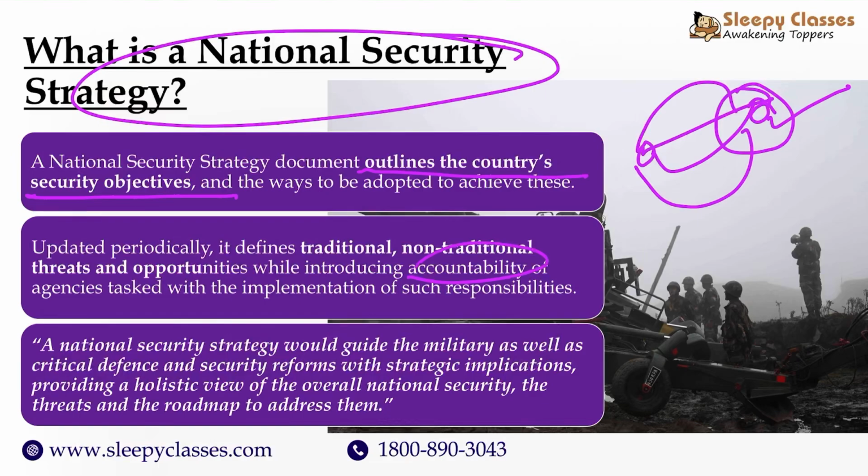Therefore, all in all, if in an answer you're supposed to define it, here is a crisp, nice definition: a national security strategy guides the military as well as critical defense and security reforms, right?